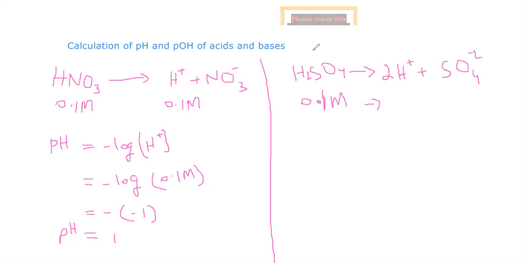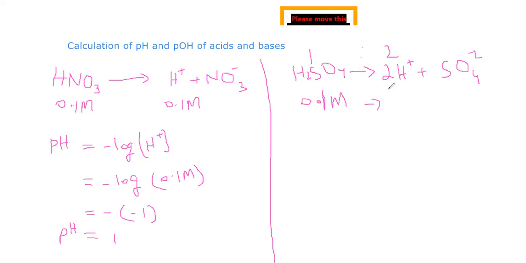The molar ratio between the sulfuric acid and the hydrogen ion is 1:2, because 1 mole of sulfuric acid releases 2 moles of hydrogen ions.